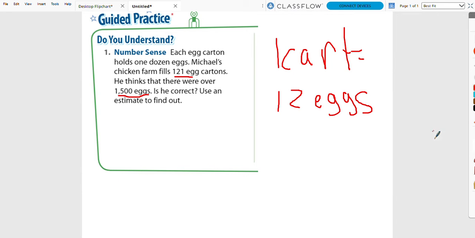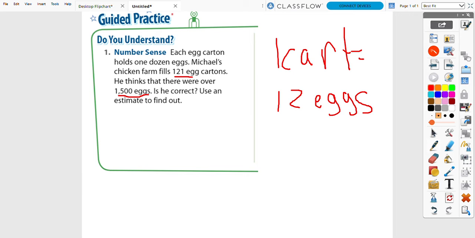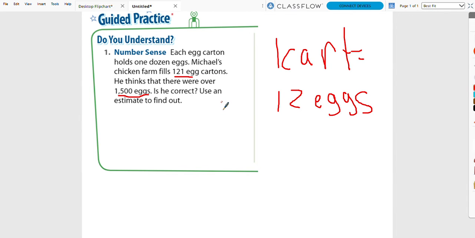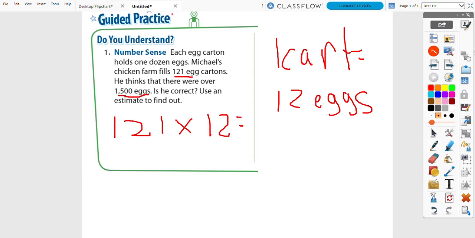So right now, you have repeated addition, right? We're adding 12, 121 times. So that multiplication problem would be 121 times 12. But we're going to just estimate, so we don't have to have that exact answer.